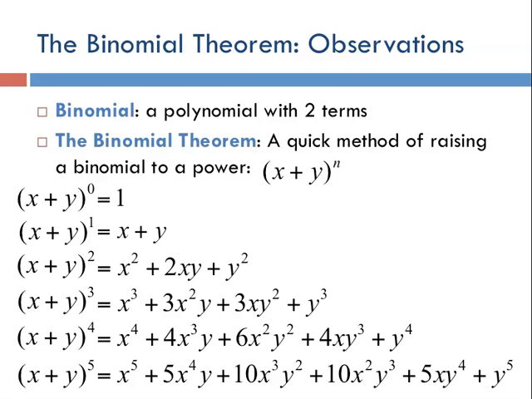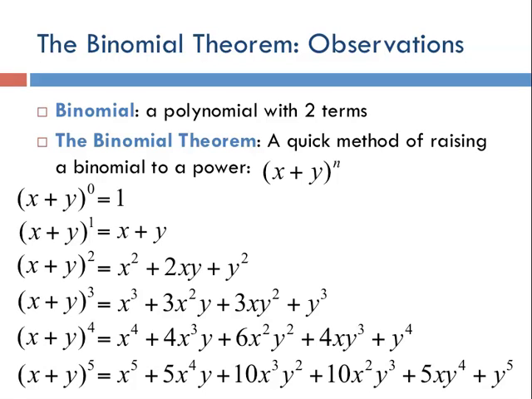Okay, another thing you might notice is look at the coefficients. You might notice that they all start with 1 as the first coefficient. And then the next coefficient looks like it's going to be whatever n is, right? So if you look at x plus y squared, the second term has a coefficient of 2.